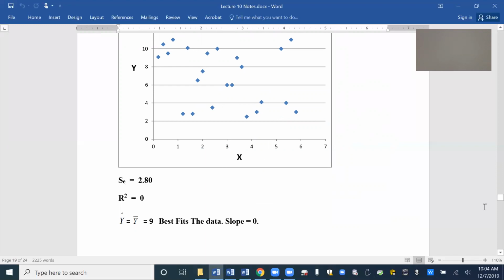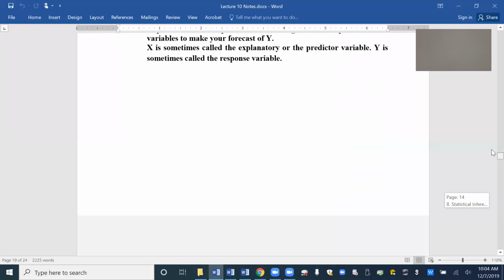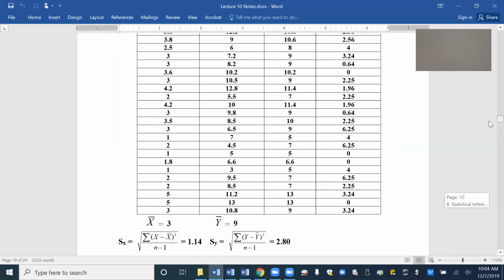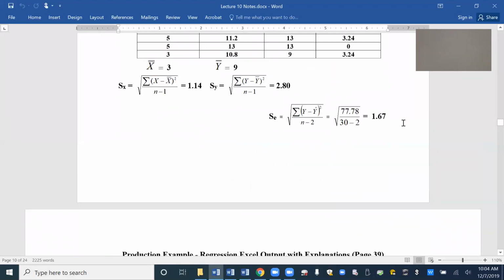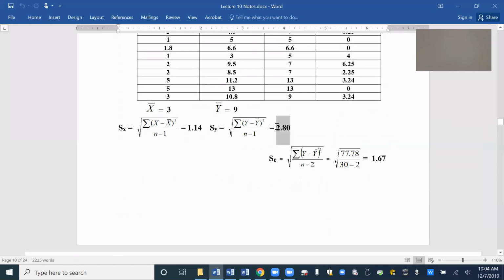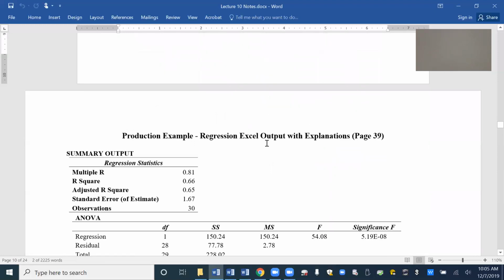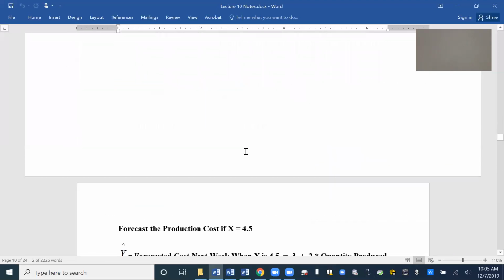Where'd that 2.80 come from? It comes from the inherent variability in Y. The regular old sample standard deviation for Y is 2.80. That's where that came from. This variable didn't reduce it at all. It stayed the same. Same uncertainty as before.